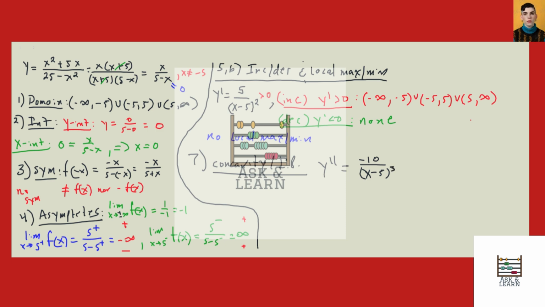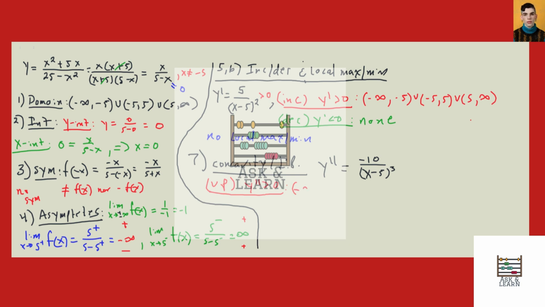So for concave up, we want y double prime to be strictly greater than 0. So I went ahead and just solved this already. And that would give us the interval. So in other words, we want the denominator to be negative, and that would be when x is less than 5.